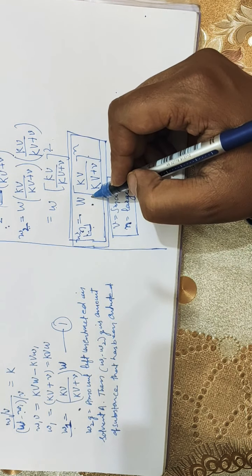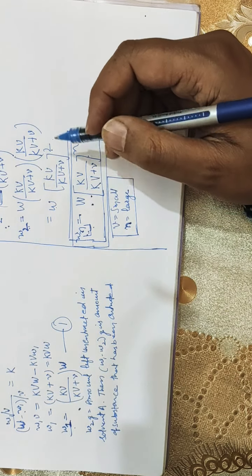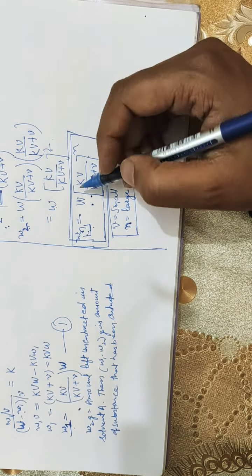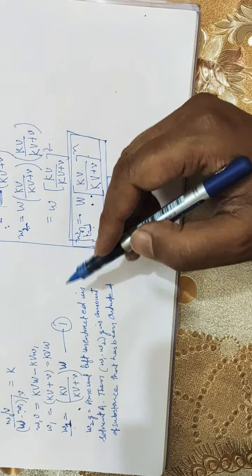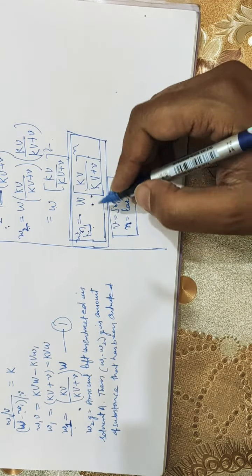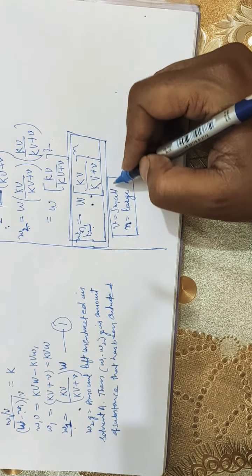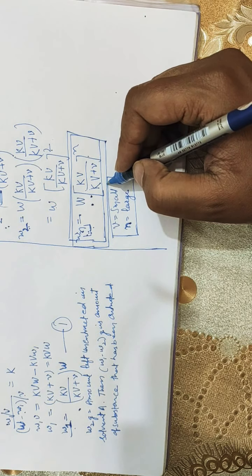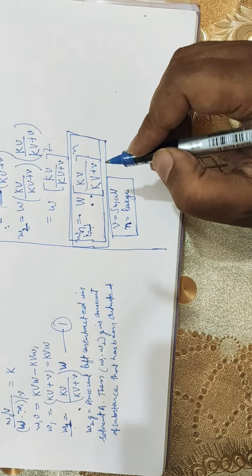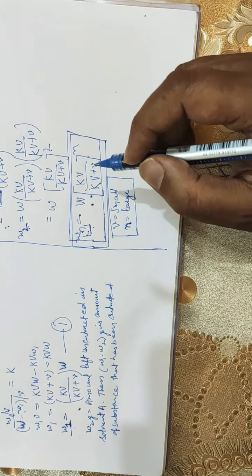Or why the multi-step extraction is more economical than the single step extraction. So first of all you have to derive this equation, and then you have to explain this equation as I explained.